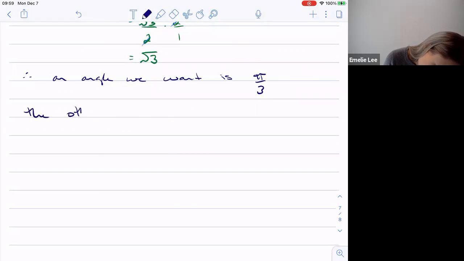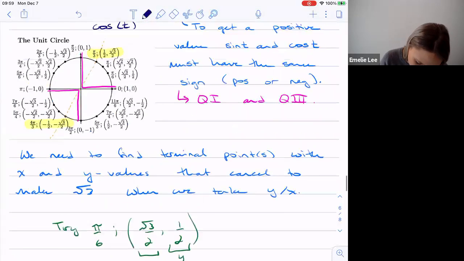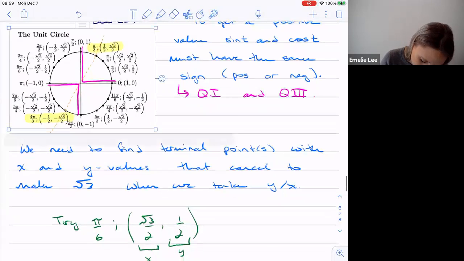The other angle we want is 4 pi over 3. In fact, because it's so far away, of course, you don't have to copy.